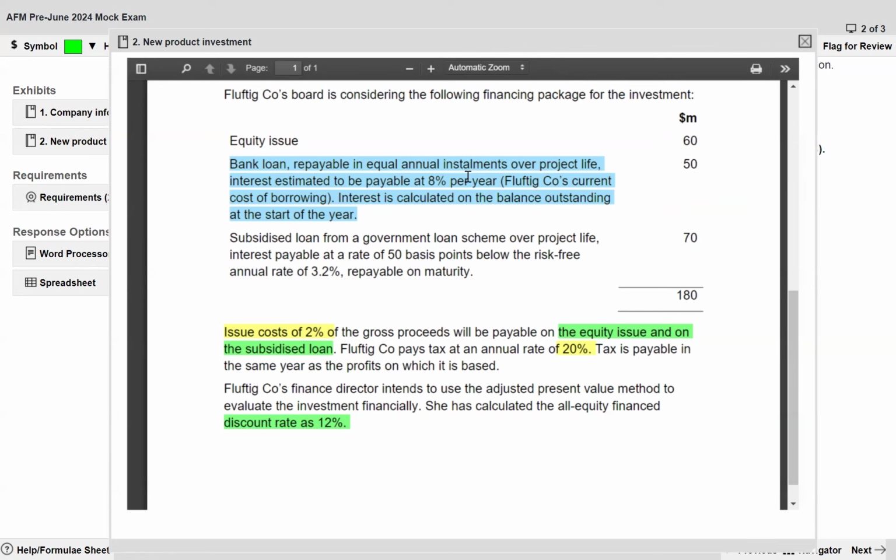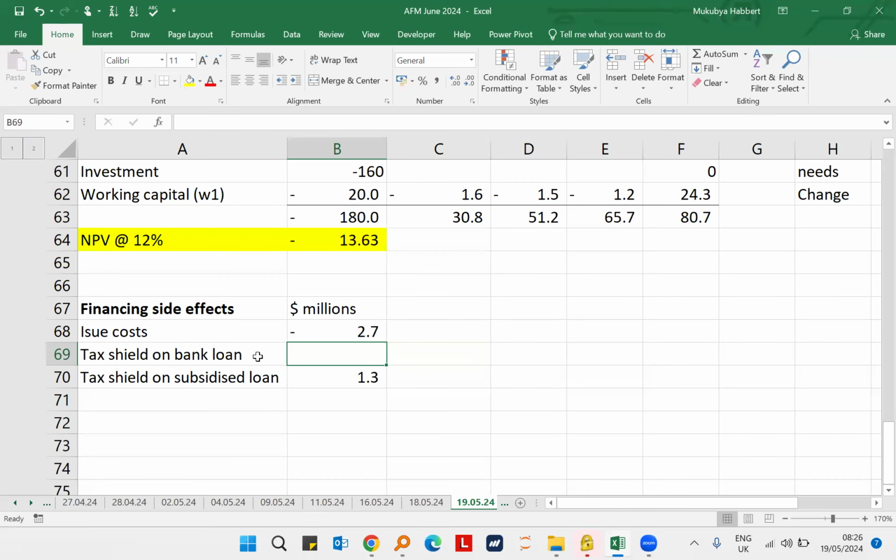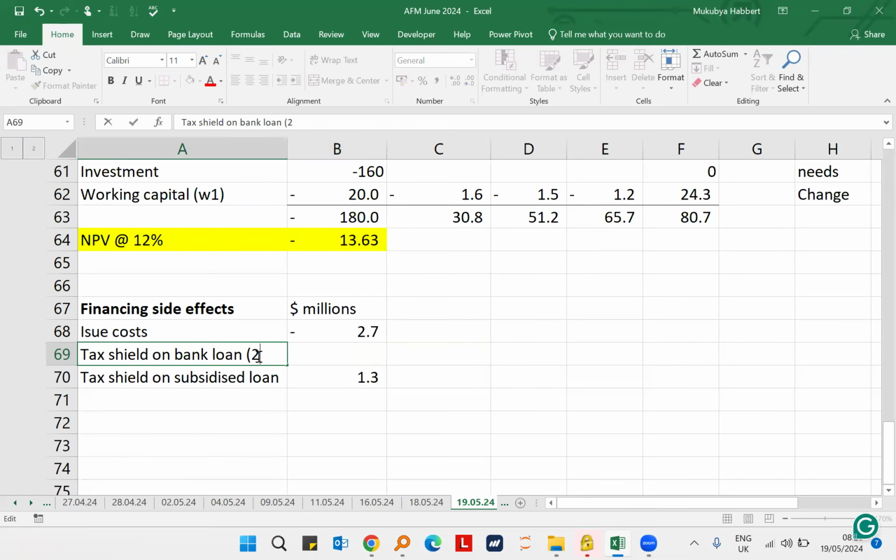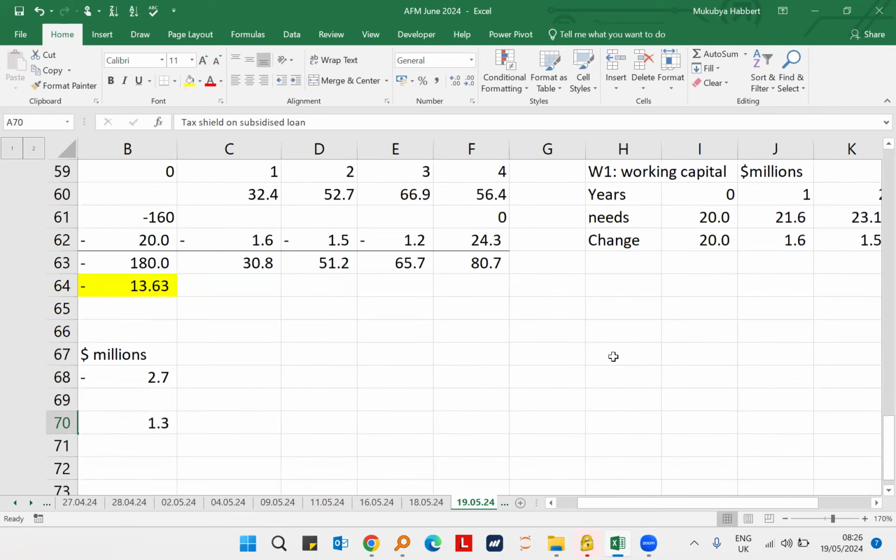So we need to first of all determine how much you pay every year. For this one we are going to need a working. Put your working 2: tax shield and bank loan.